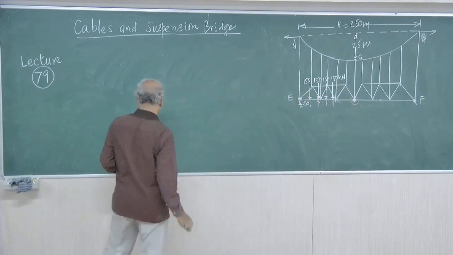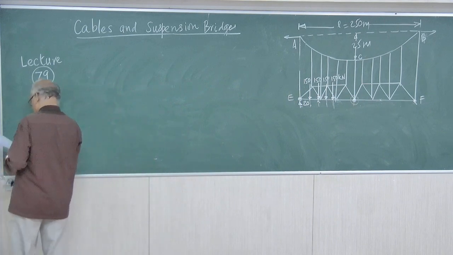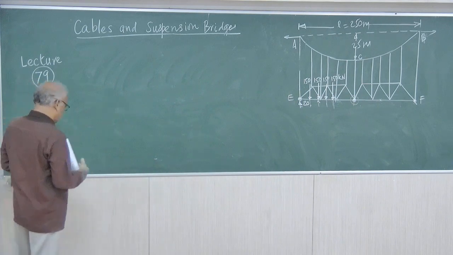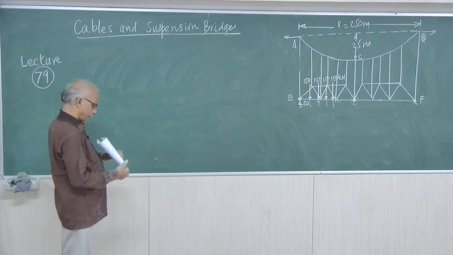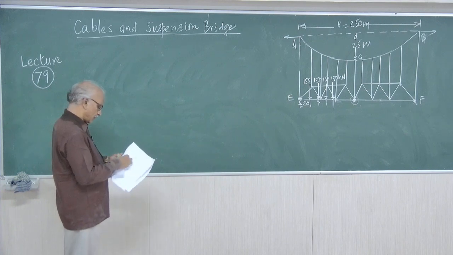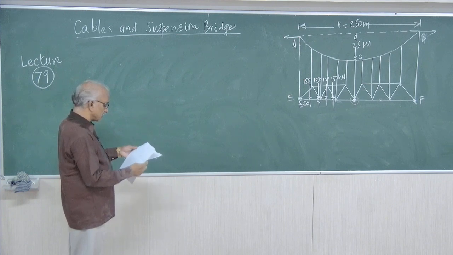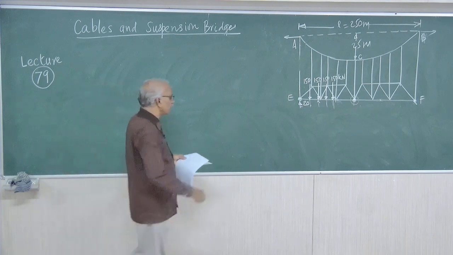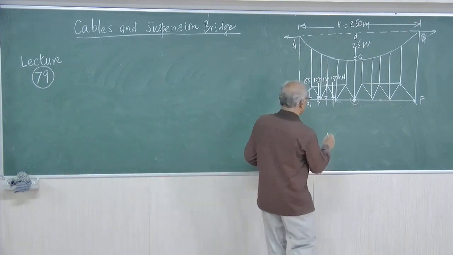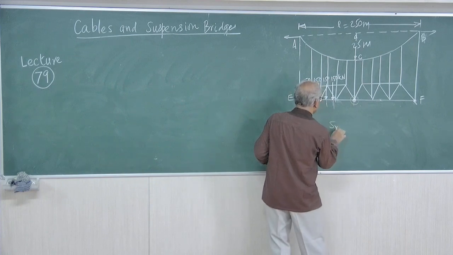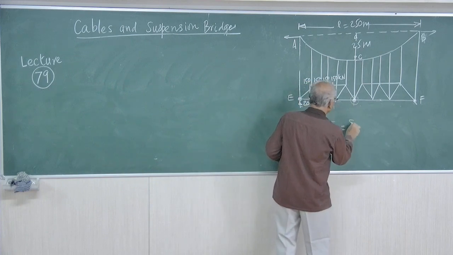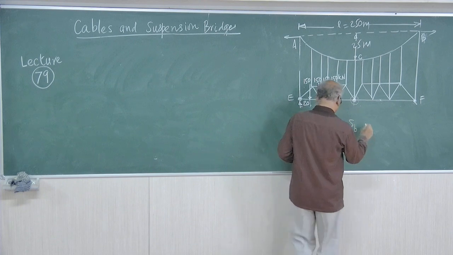Now, next we will take up shear force. Coming to shear force calculations, we know the shear force at any section Sx is equal to beam shear minus h tan theta.